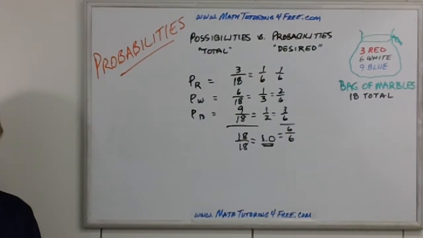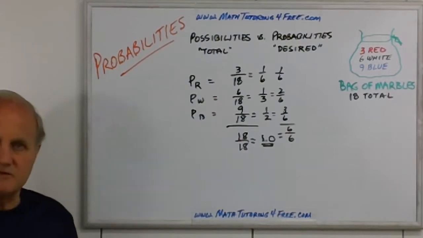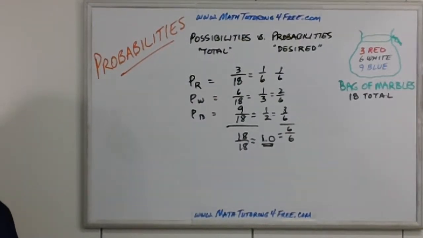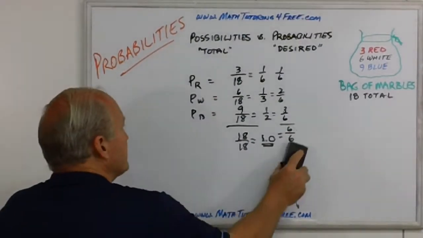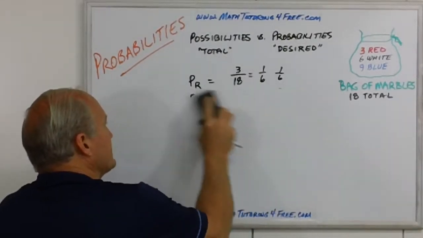And the question then is whether the second one is independent of the first or not. Well, to be independent, it has to have the same number of marbles. So we talk about with replacement or without replacement. If we pulled out, for instance, a red marble, the probability of that, as we showed, is 3 out of 18.